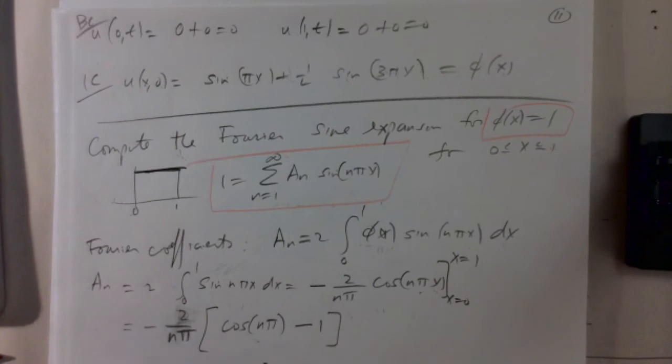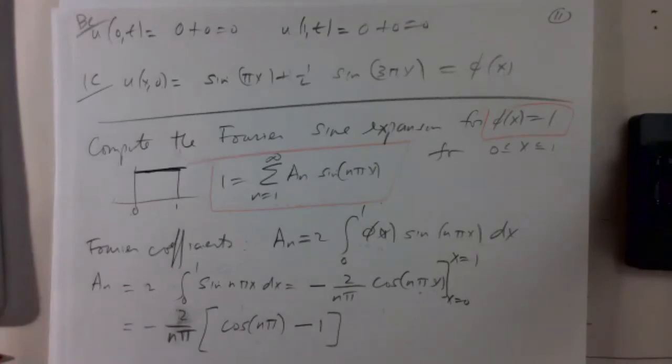What is the cosine of n pi equal to? Can someone tell me? What's the cosine of pi? Cosine of pi is negative 1.